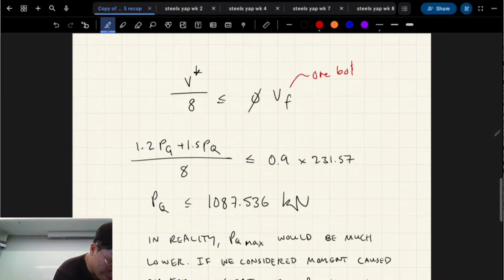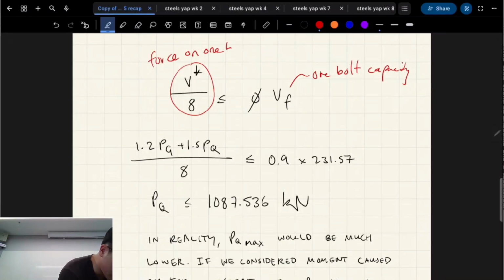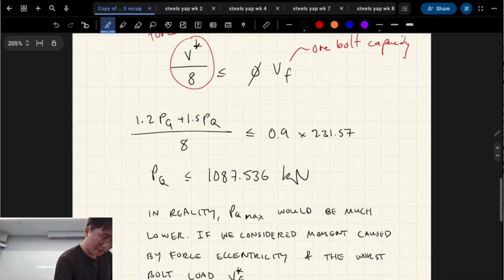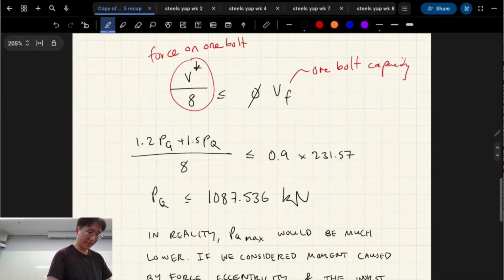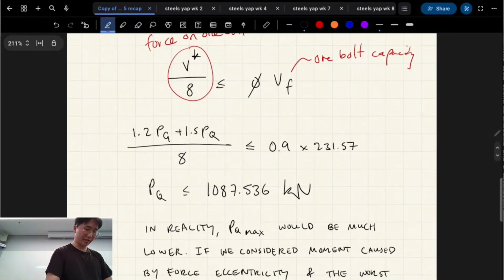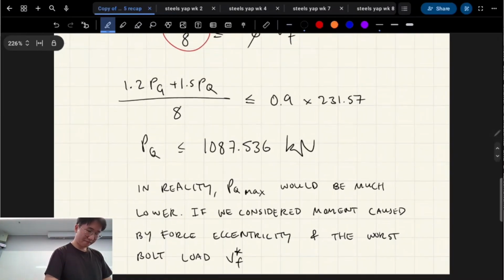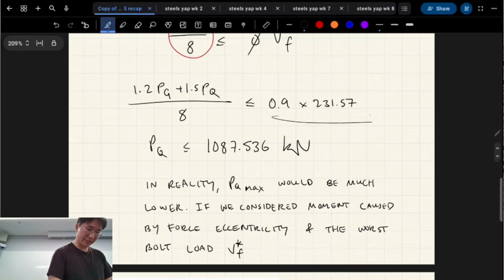One bolt capacity. Here's force on 1 bolt. So we're doing everything for 1 bolt. V star is load combination times all that. That's the shear force at that point there. And then we just set it equal to each other.